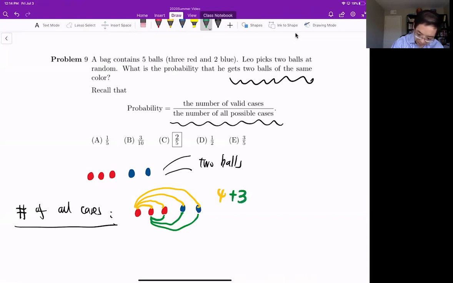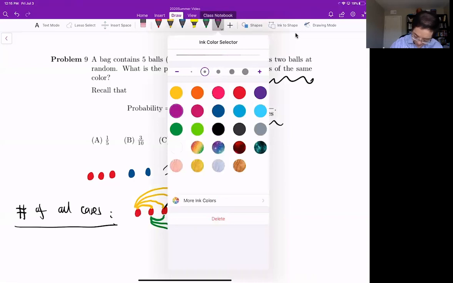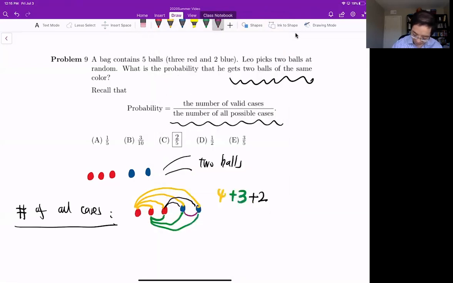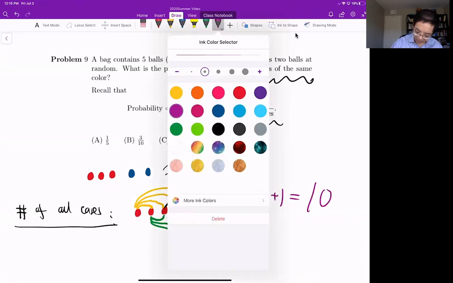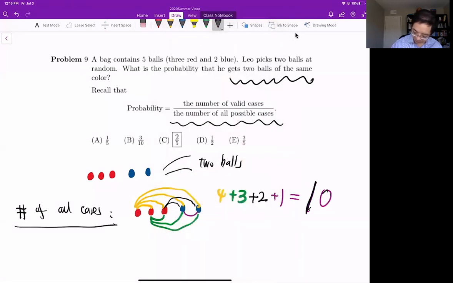Then 1 and 2, so plus 2. Let me use another color. Also I can do this combination, so plus 1. In total we have 10. So there are 10 different scenarios, and the total number of cases is 10.